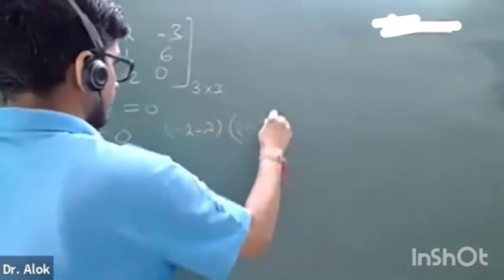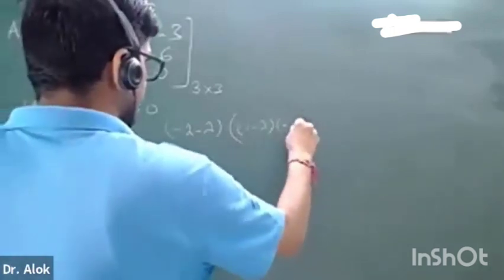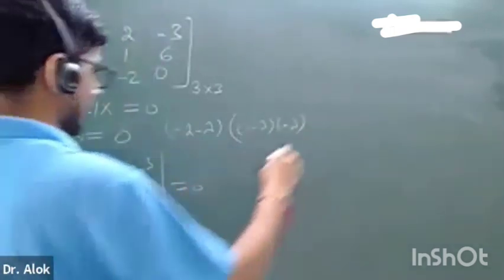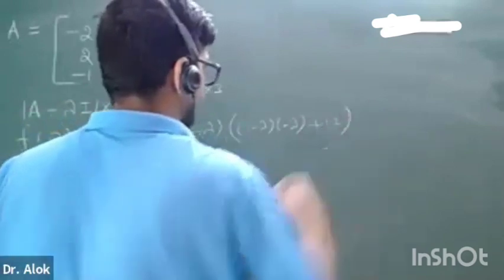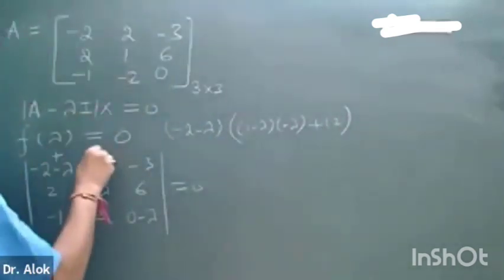So 1 minus lambda into minus lambda plus 12. So this will be plus minus plus.